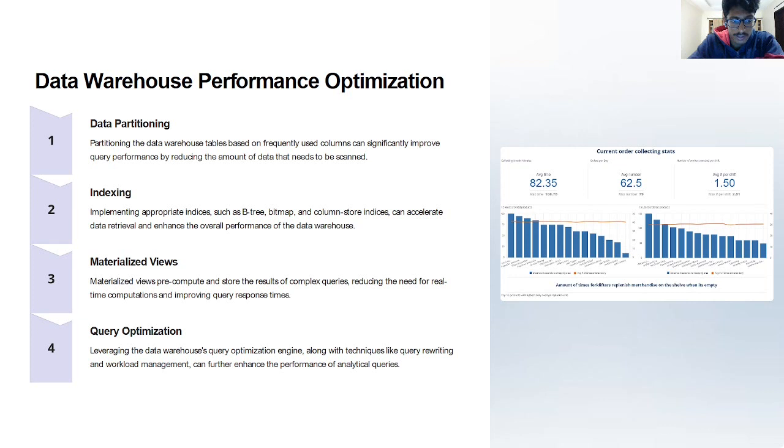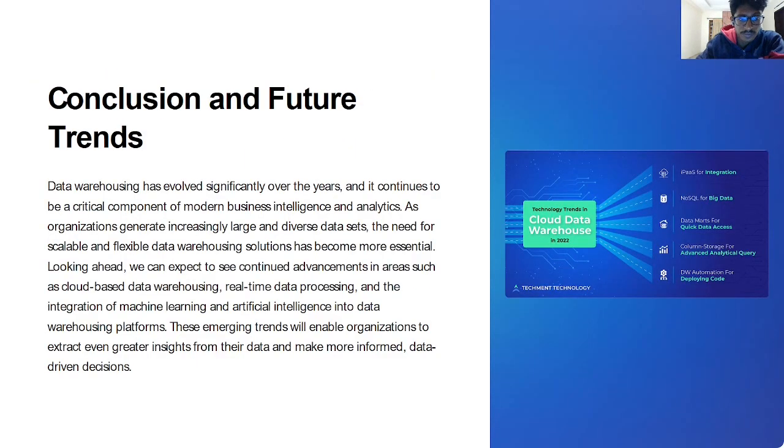Materialized views: materialized views pre-compute and store results of complex queries, reducing the need for real-time computations and improving query response times. Query optimization: leveraging the data warehouse query optimization engine along with techniques like query rewriting and workload management can further enhance the performance of analytical queries.